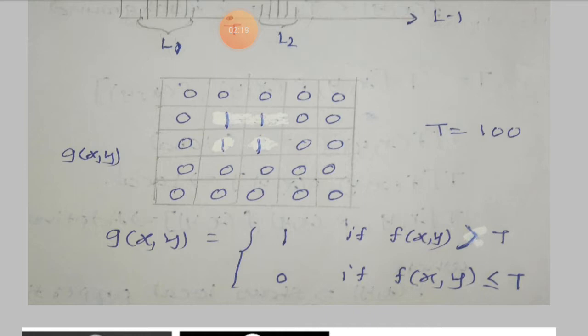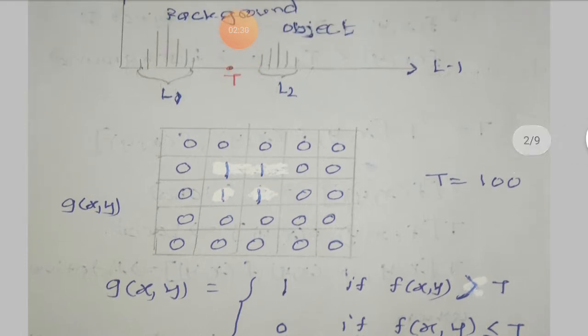We set the pixel value to 1 if f of x y is greater than the threshold value, that means 100, and if f of x y is less than the threshold value, then we set it to 0. So after applying this thresholding, we can clearly differentiate two modes, one is object and another is background. Background is represented by black color and object is represented by white color.